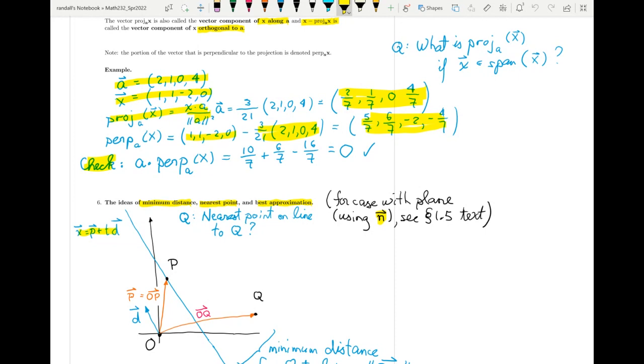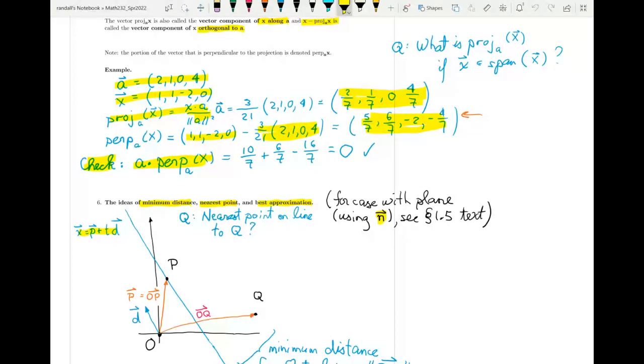So for here, for instance, I can just check to see whether the perpendicular part I've just computed is in fact orthogonal to A. So I'll simply compute this dot product. Let's do A dot perp x, using the perp x I found right here. First component, 2 times 5 over 7 gives me 10 over 7.